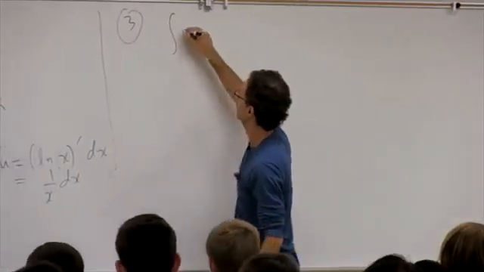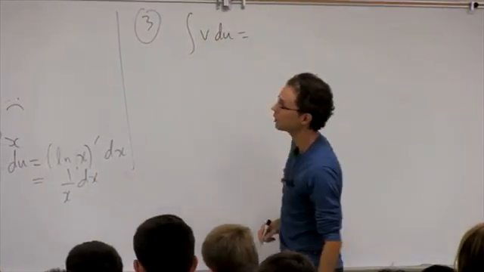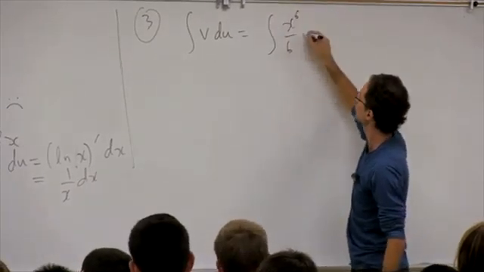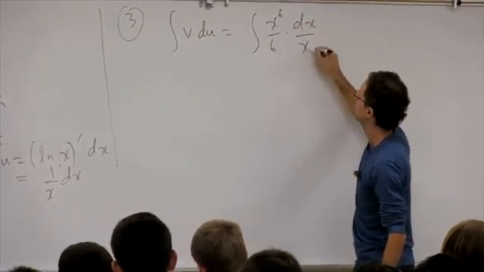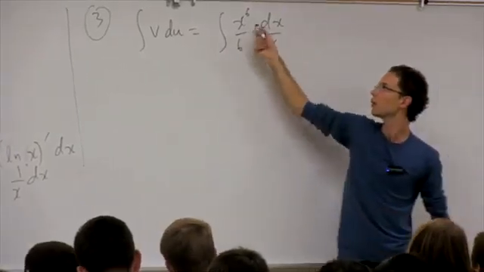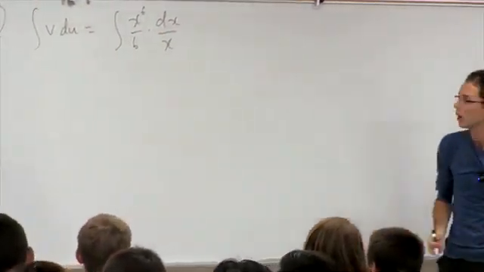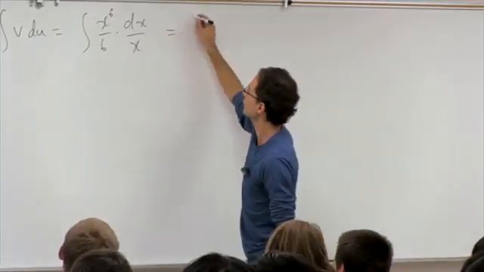So if you integrate v du, what you're left with is integrating x to the 6 over 6 times dx over x. And lo and behold, the negative 1 power of x cancels with one of the 6 powers of x up there. You're left with an integral you can do.